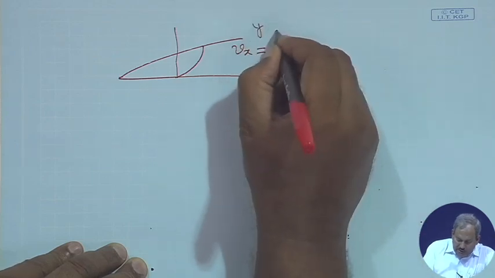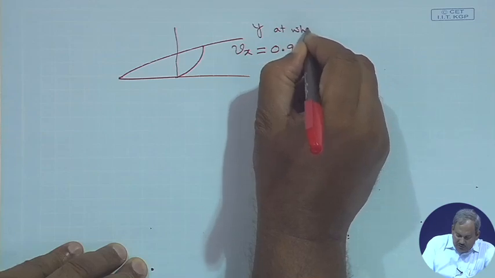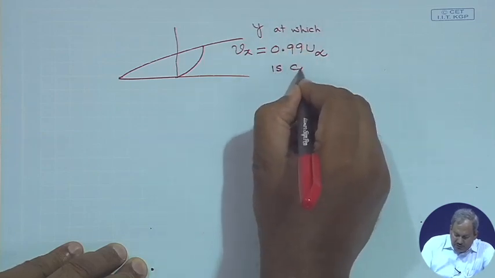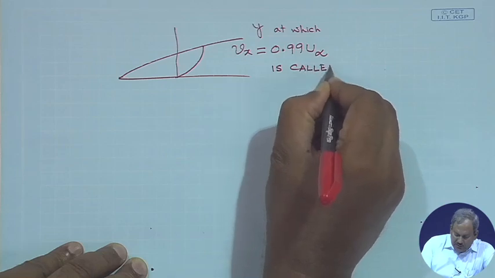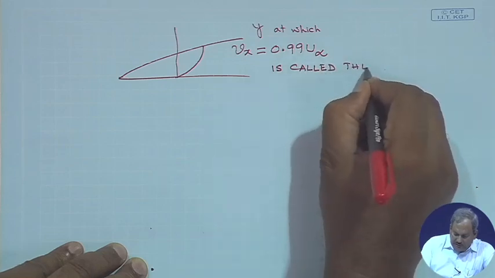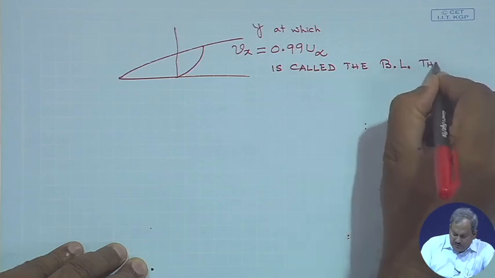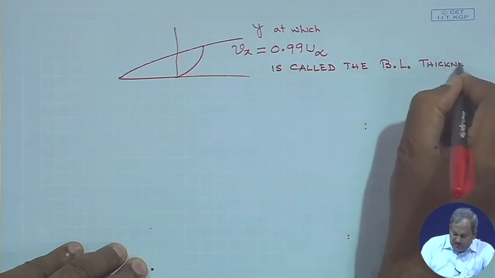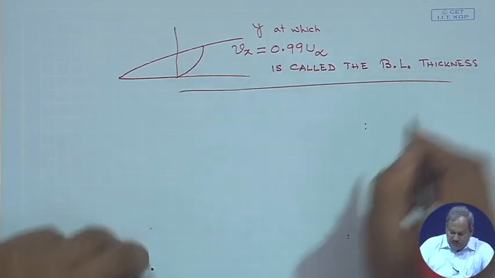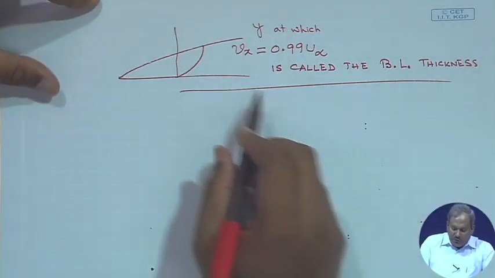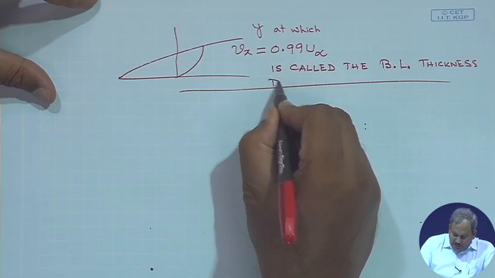So, the y at which Vx is 0.99 u infinity is called the boundary layer thickness. This is the standard definition of boundary layer thickness. Sometimes it is also called the disturbance thickness.